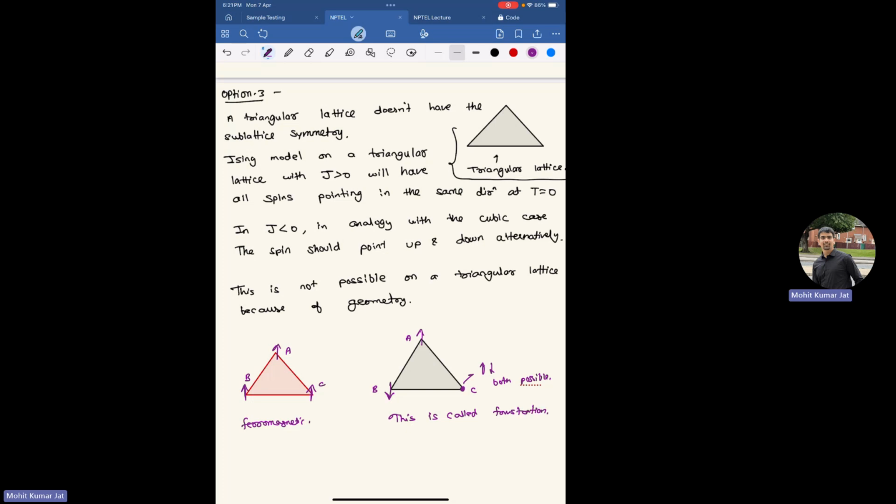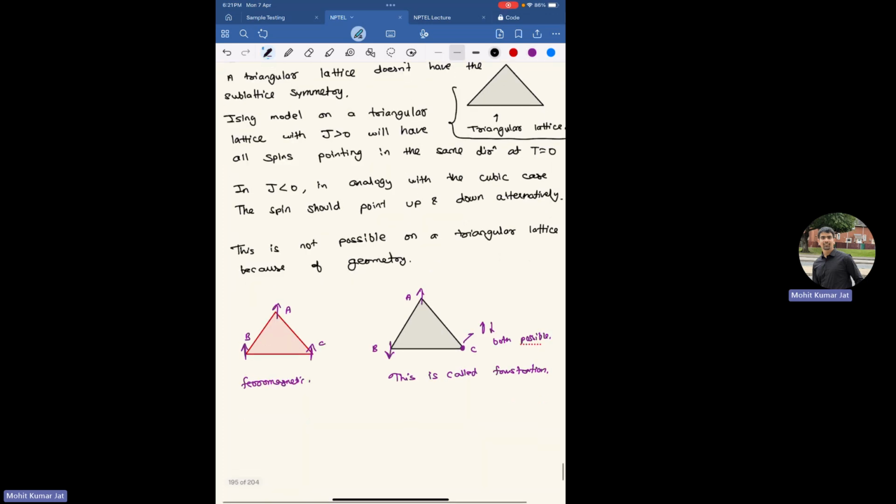So the triangular lattice doesn't have the sublattice symmetry. It does not have the sublattice symmetry.